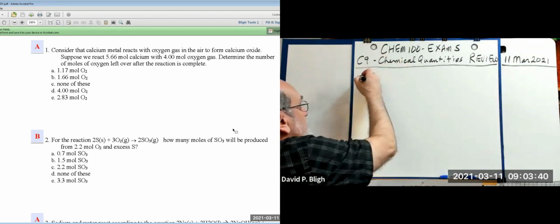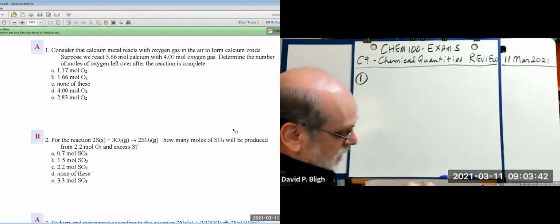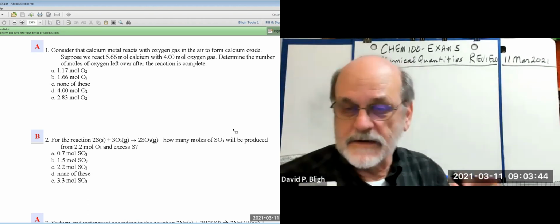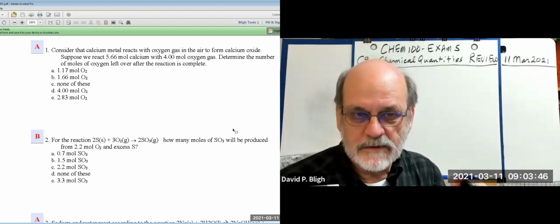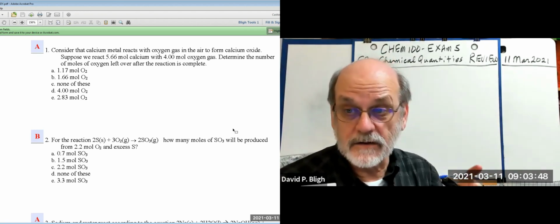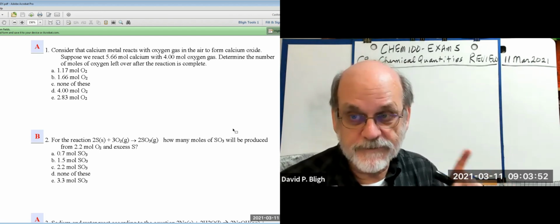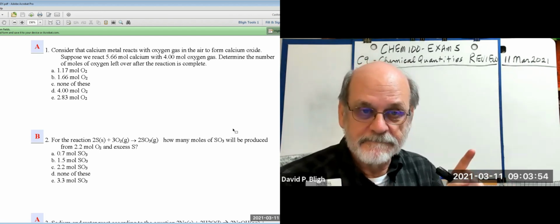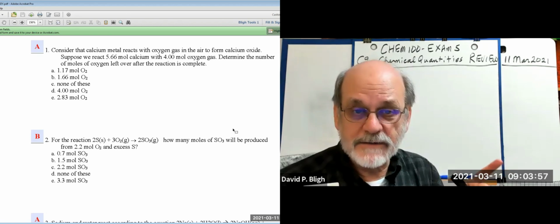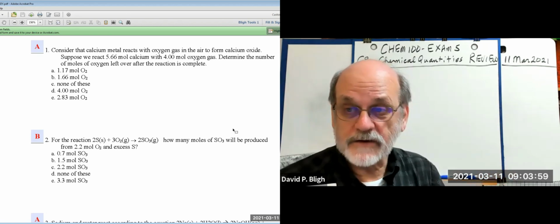So we're going to look at number one. And this is a word problem that doesn't tell you what the balanced equation is. You got to figure that out yourself. It does tell you that calcium metal reacts with oxygen gas.